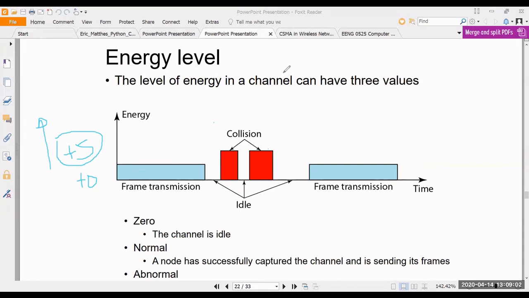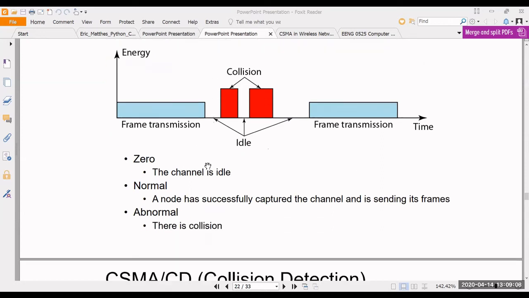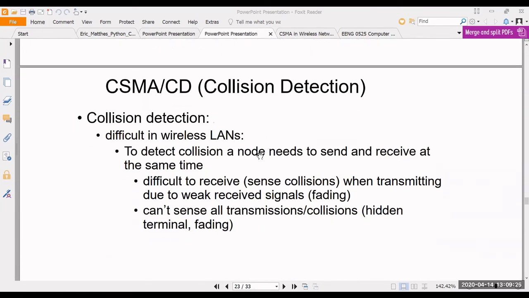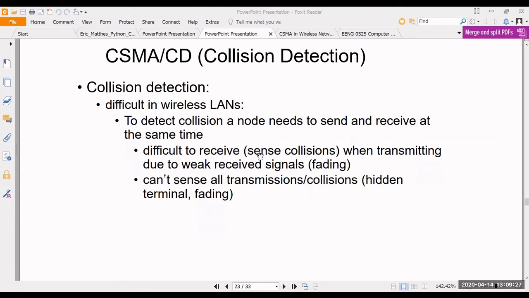The diagram illustrates this: when it's 0, we have no frames on the line; for normal, we have a particular value, and from these abnormal values, you can sense collision. So that's what we have for collision detection.